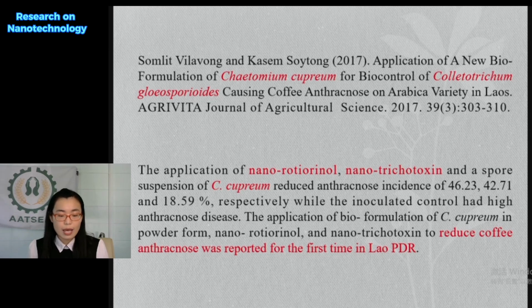And also the application of nano-lutulino and nano-detoxin was tested against Colletotrichum gloeosporioides for coffee anthracnose disease. The application of this bioformulation of Chaetomium cupreum and nanoparticles to reduce coffee anthracnose was reported for the first time in Laos.